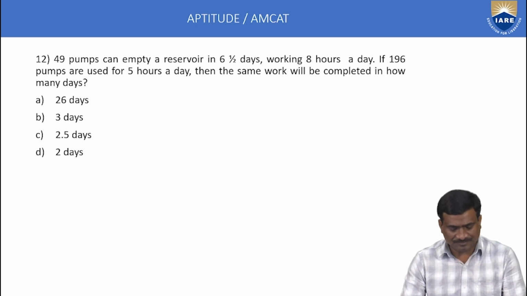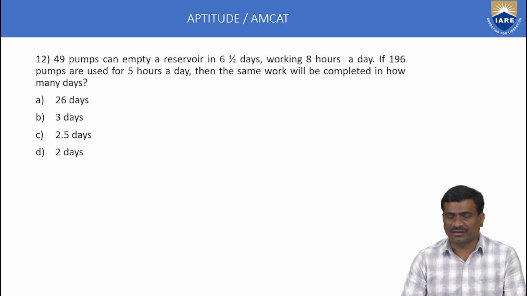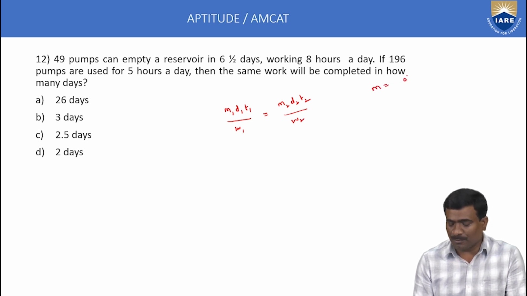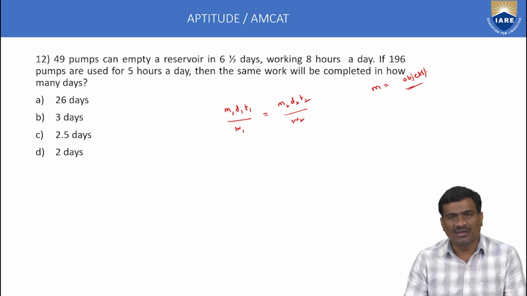Next, the 12th example. Time and work concept relation is important. The relation here, by the chain rule property, is M1 D1 T1 by W1 is equal to M2 D2 T2 by W2, where M indicates the number of persons or objects.